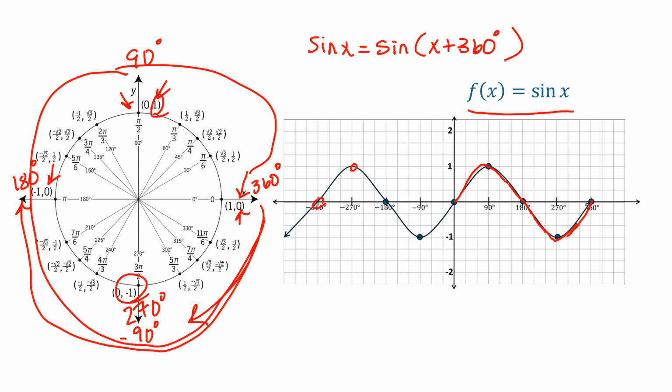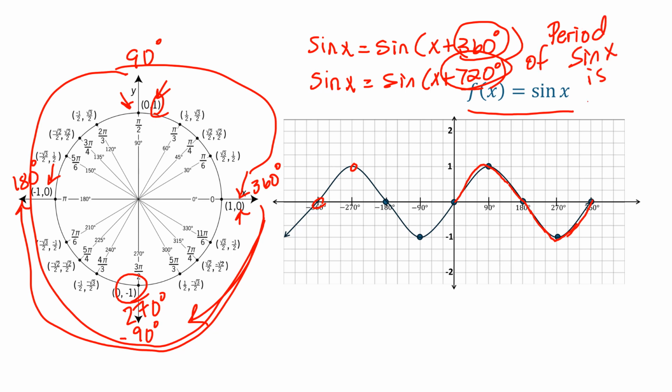So this function repeats itself, this whole little red curve, it repeats itself every 360 degrees. So we would say that the period of sine x is 360 degrees or 2 pi. So that's called the period of that periodic function.